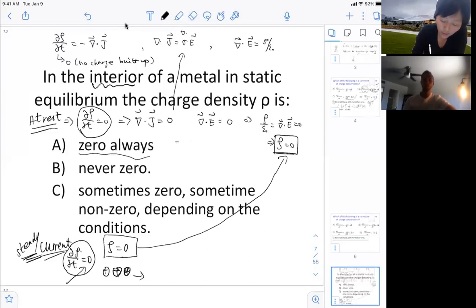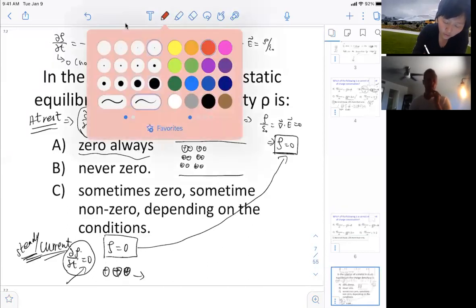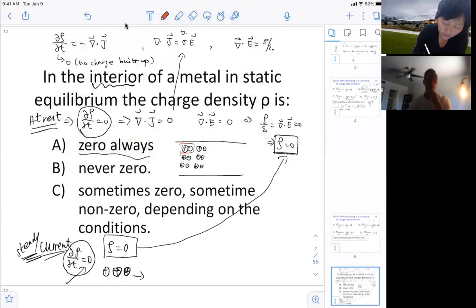Inside the wire you of course have protons and electrons, positive and negative charges. But if things are steady, zooming in at any local place, you still get overall volume density 0. Okay, so A is always true if you're talking about a static equilibrium state.